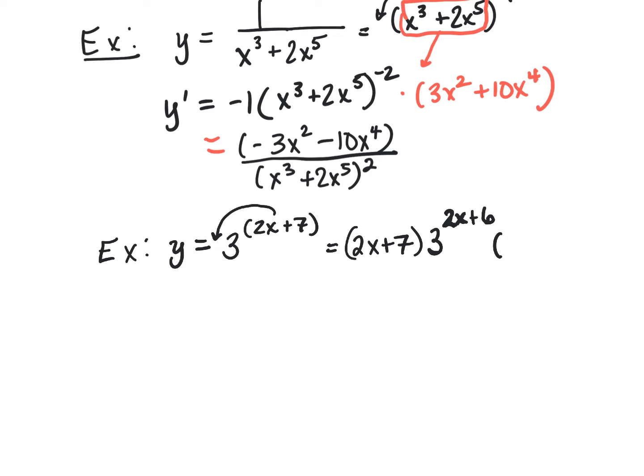What is the derivative of 2x plus 7? It's 2, so times 2. So what's the final answer here? y prime is 4x plus 14 times 6 to the 2x.